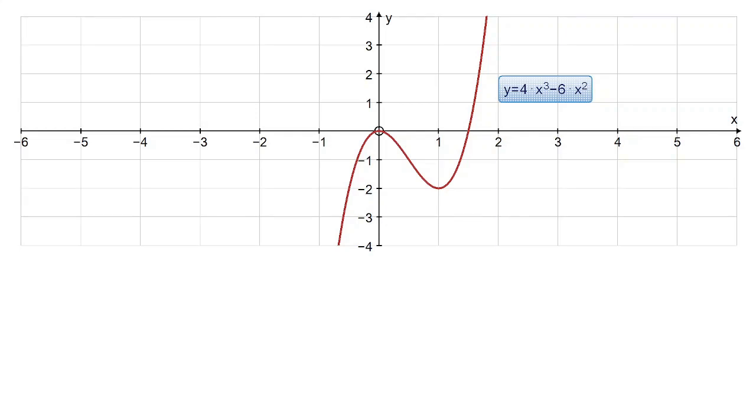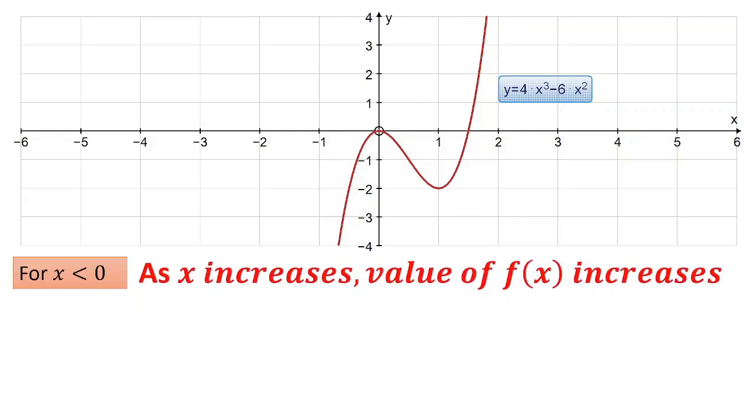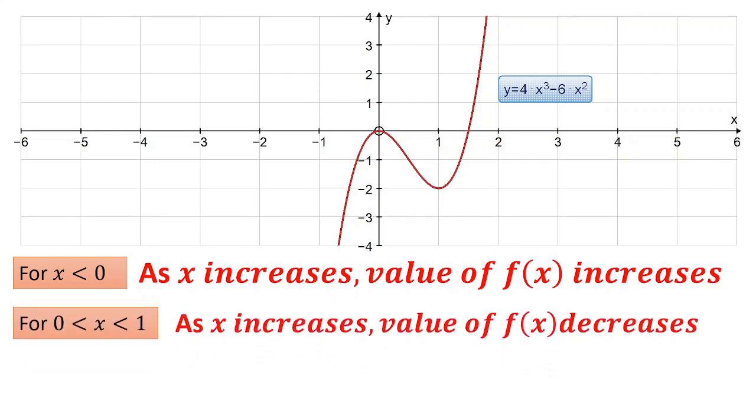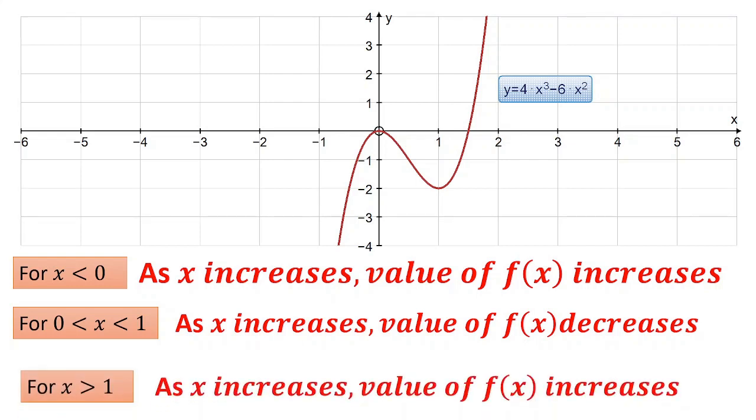Now you see one more graph. Here, when x increases, the value of f of x also increases. From 0 to 1, as x increases, the value of f of x decreases. When x is greater than 1, as x increases, the value of f of x increases. It goes up, comes down, and then goes up.